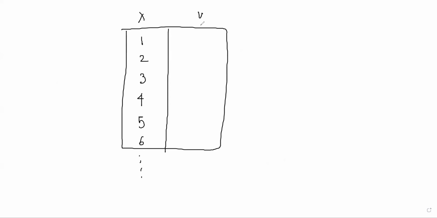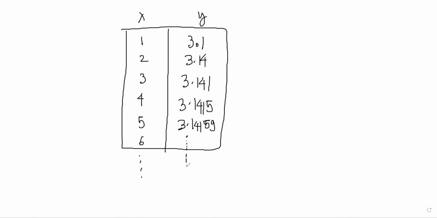This is X and this is Y. 3.1, 3.14, 3.141, 3.1415, 3.14159, and so on. This is the set of X and this is the set of Y, right? And these are linked like this, okay? Do you think Y is a function of X? Is Y a function of X?